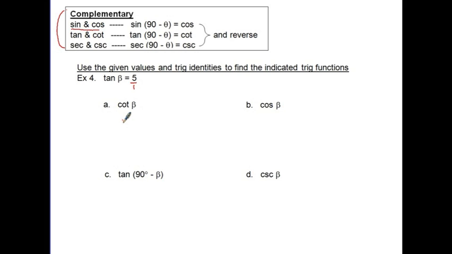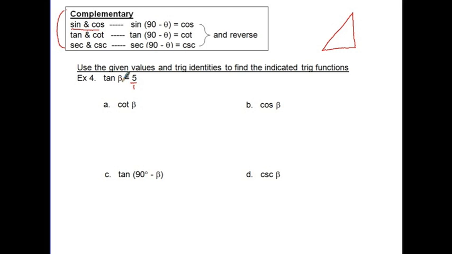Okay? And one thing that I always do with every single problem I do with trig that has to do with something like this, I always draw the triangle out. And I always put it in quadrant number 1 because we know everything's positive there unless it's a negative value. Tangent is opposite over adjacent.